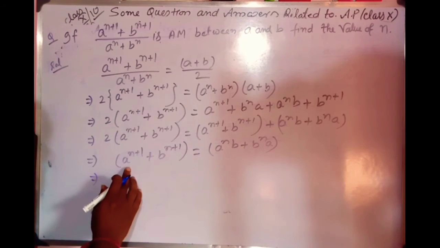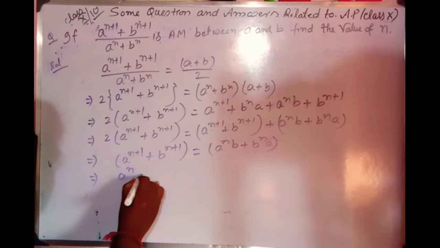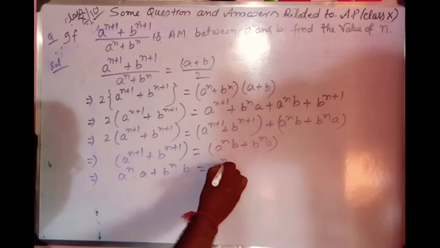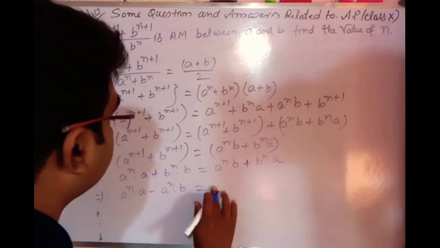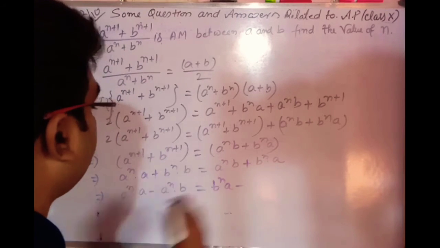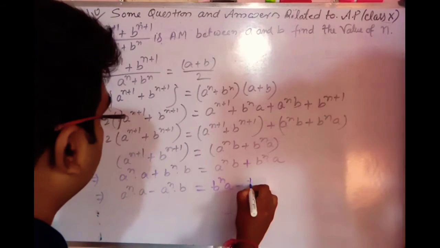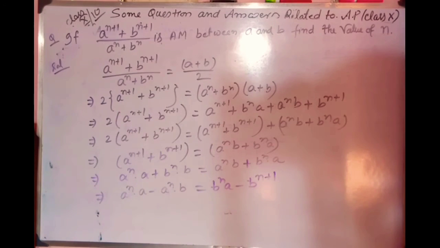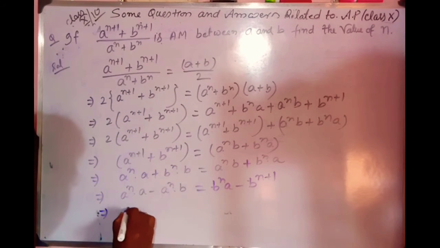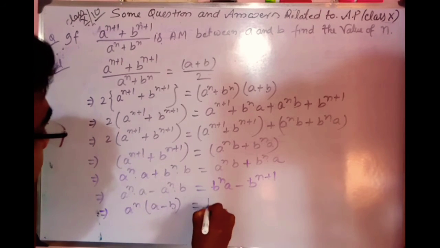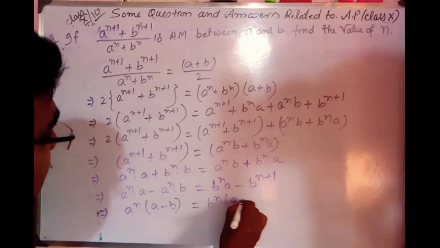That can be written in the form of a^n into a minus b^n into b, equals a^n into b minus... b^n into a minus b^(n+1). We are taking a^n common, getting a minus b. From here, taking b^n common, getting a minus b.